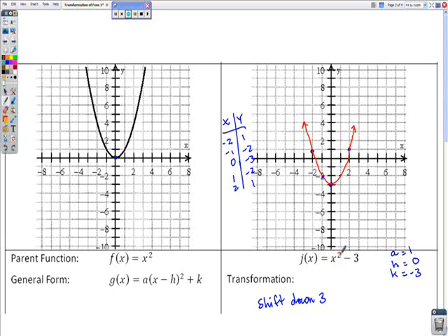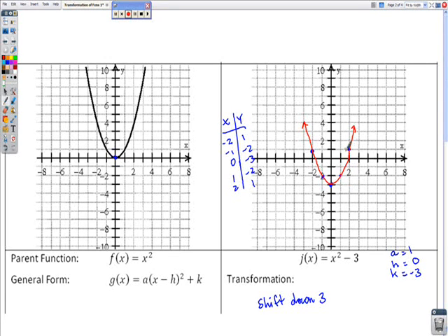So if I start at the vertex, and it's very important that I'm starting at the vertex, and I move 1 in the x direction, the y direction moves the square of that, so 1 and 1. And that's how I would get my next point. Then I go back to the vertex, and I say, if I move 2 in the x direction, how far do I need to move in the y direction? Well, 2 squared, which is 4.